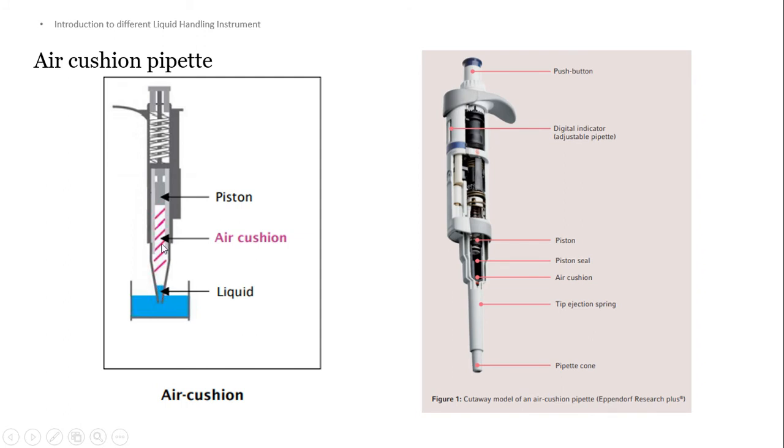There is an air cushion between the piston and the liquid that makes it very accurate for pipetting aqueous solutions. At the same time, there are also disadvantages of this type of pipette. Later on, we will discuss the properties that should be considered to avoid these disadvantages.